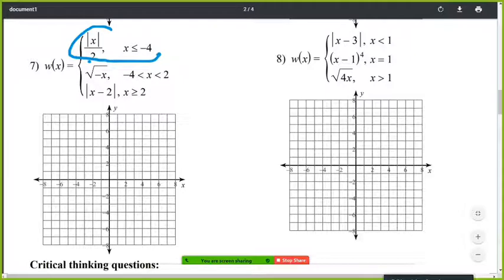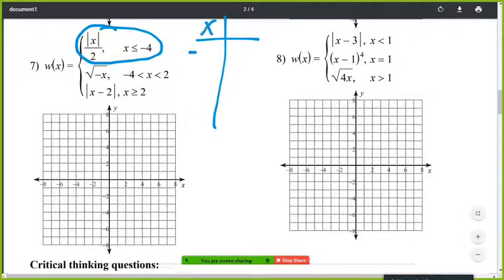So like this table will make x -4, and then maybe -5 and -6, because those are values less than or equal to -4. So then w of x, or y, would be the absolute value of -4, which is 4, divided by 2 is 2.